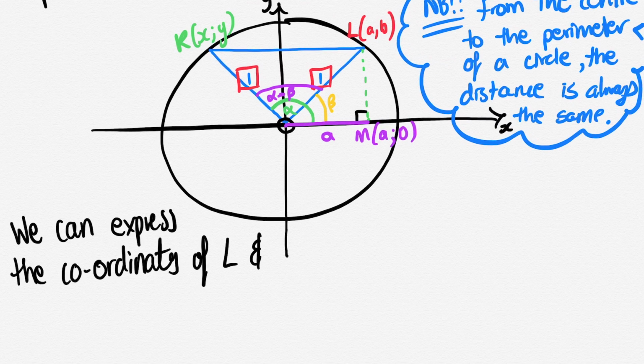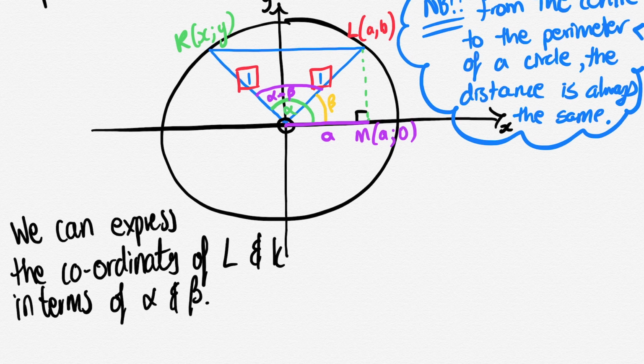Okay, so we can express the coordinates of L and K in terms of alpha and of beta. How do you think we're going to do that?